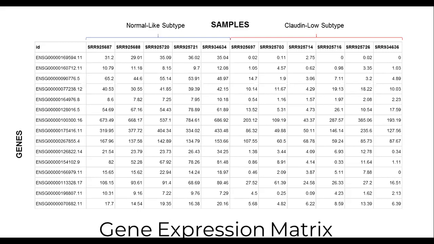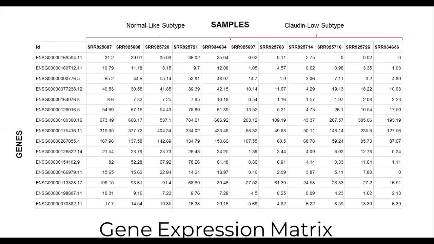This is a typical gene expression table. It's composed of rows and columns, and these rows and columns contain data for gene expression levels for various samples. On the left side, we have the gene IDs, which start with ENSG and some numbers after that.